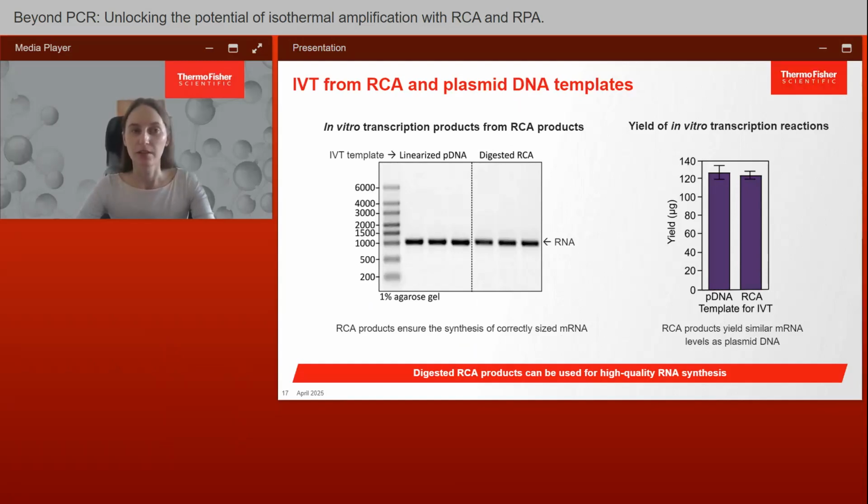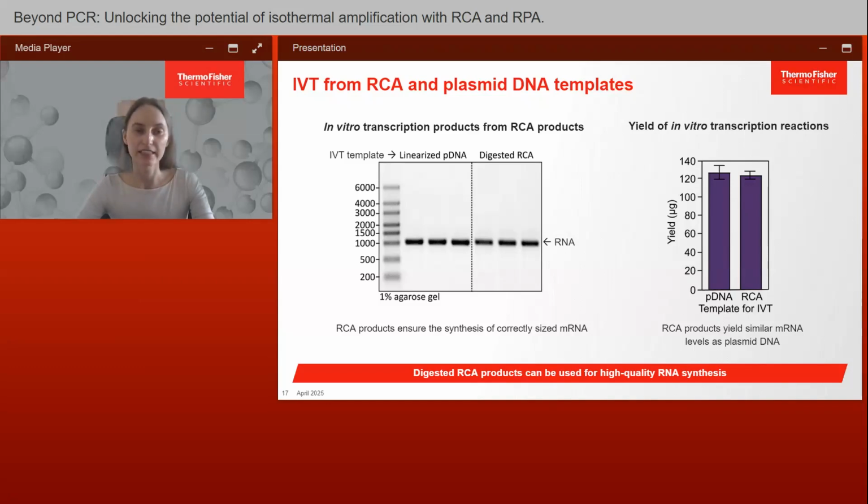The next application of RCA products is in vitro transcription. In the gel image on the left, you can see RNA synthesized from two types of DNA templates: linearized purified plasmid DNA and digested RCA product cut to match the linearized plasmid, which encodes about 1 kilobase long messenger RNA.